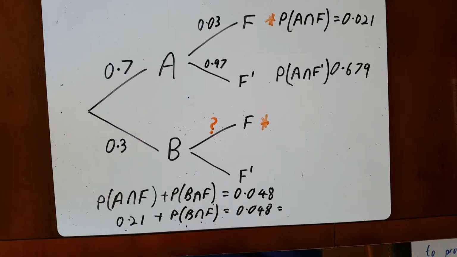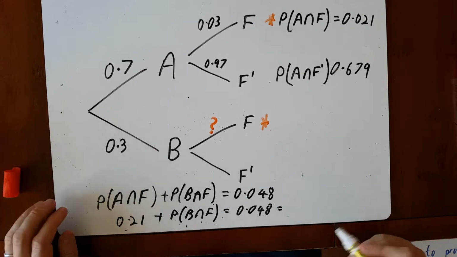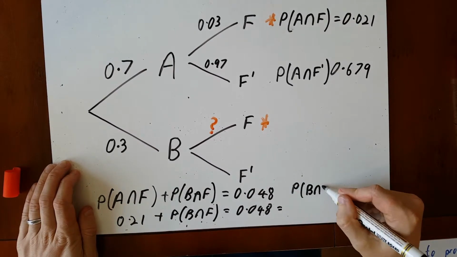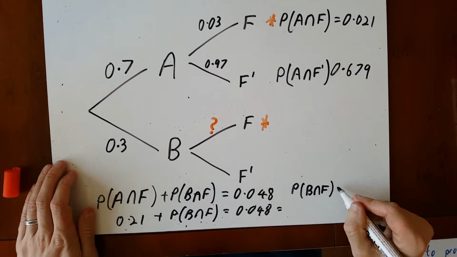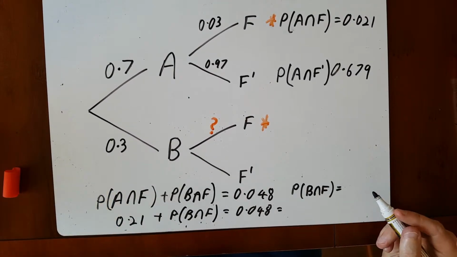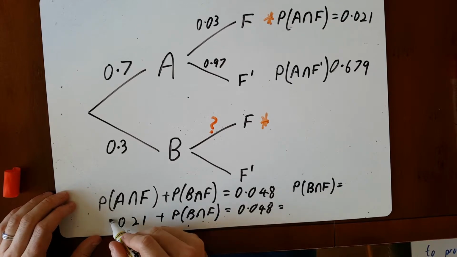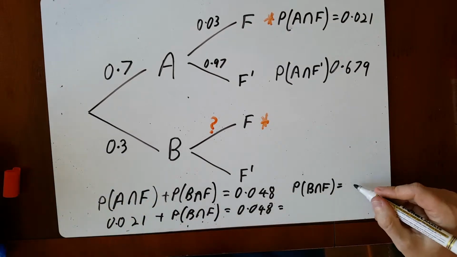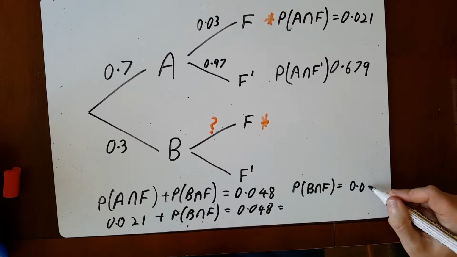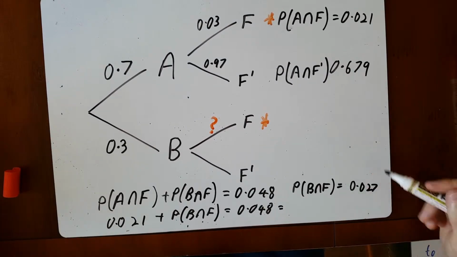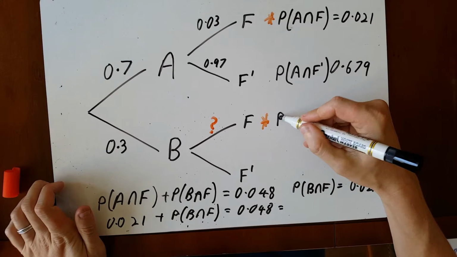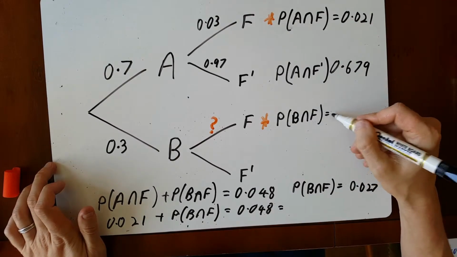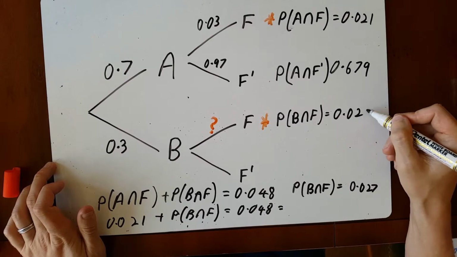Doing that calculation, I can see that the probability of B and F, produced by B and faulty, is, I just spotted a little error there, going to be 0.027. So that's told me that this here, probability of B and faulty, is 0.027.